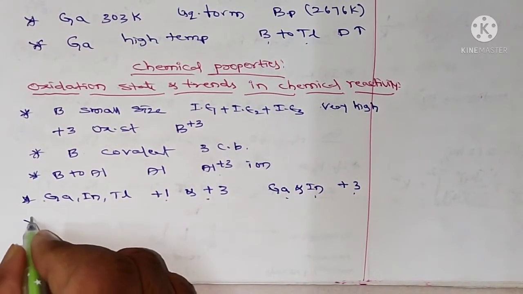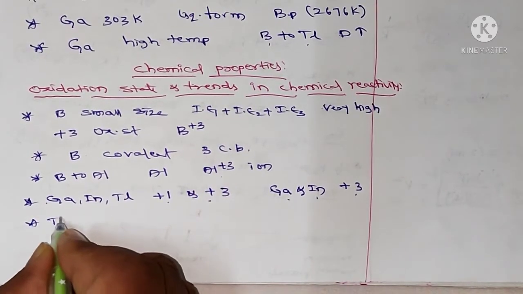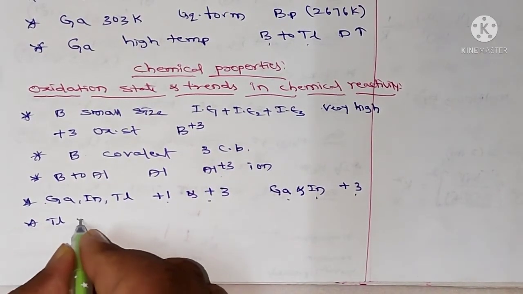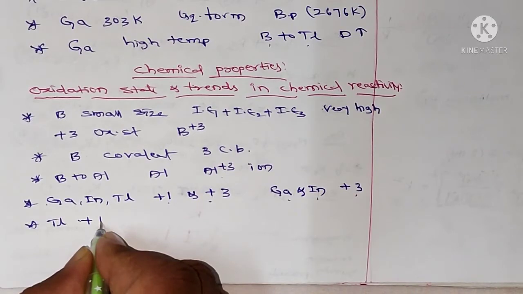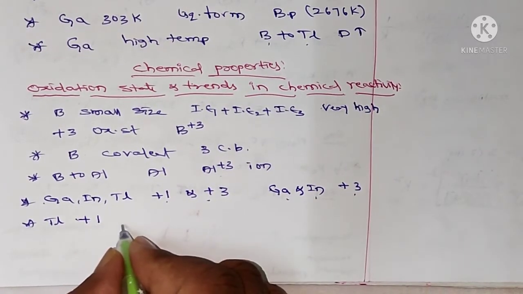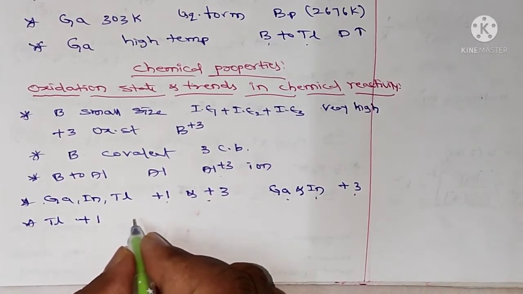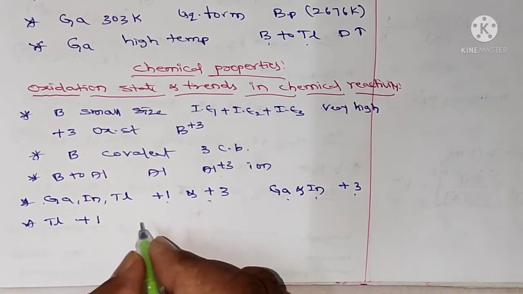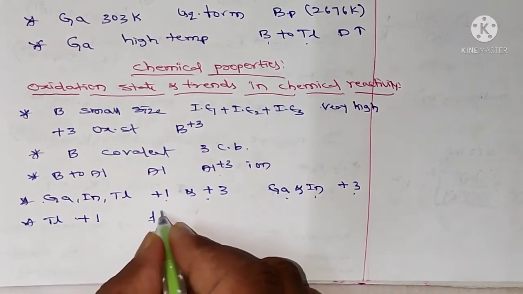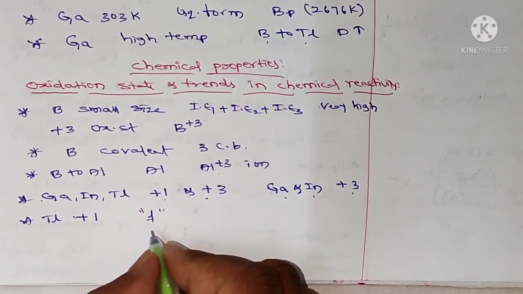But in thallium, the +1 oxidation state is more stable than the +3 oxidation state due to the very poor shielding effect of f orbitals.